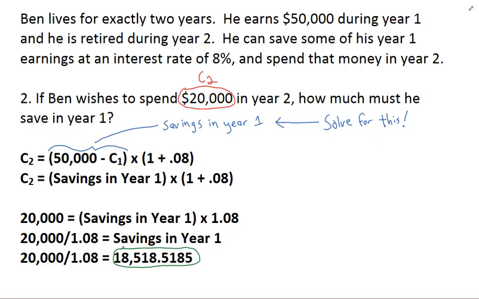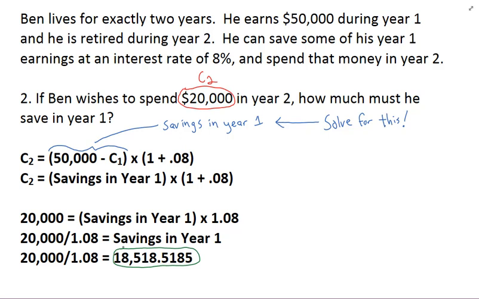One way you can check your work is if you get a really small number like $3,000, you should immediately be thinking that can't possibly be right. He can't possibly save $3,000, earn 8% interest, and have $20,000 to spend. That's impossible. Similarly, if you do some calculation wrong and you get a number bigger than 20,000, like 25,000 or 22,000, you should say to yourself, that can't possibly be right, because he's going to earn interest.